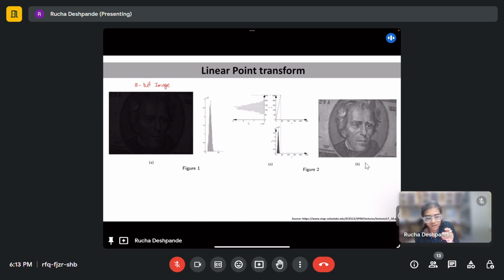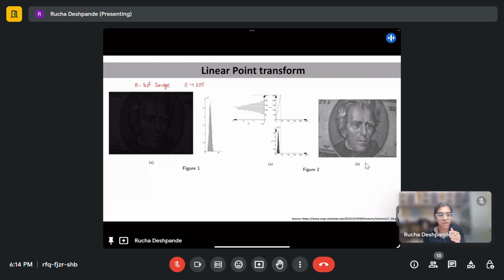So the available range of DN numbers in this image will be 0 to 255, and out of this available range, only values between 0 to 50 are used in this figure. Because it's on the lower side, we see that this image is appearing very dark, right? So 0 to 50, and this is the histogram of this input image.